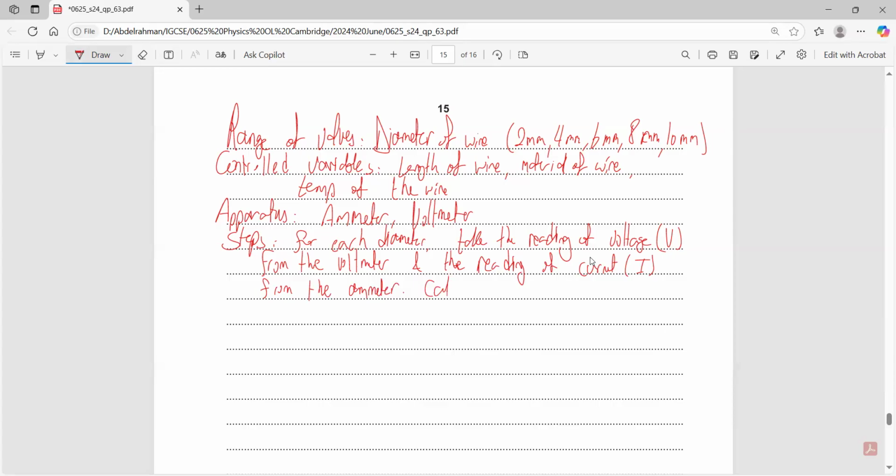Then calculate the resistance, R equals V over I. Repeat and take the average, for all of the diameters.